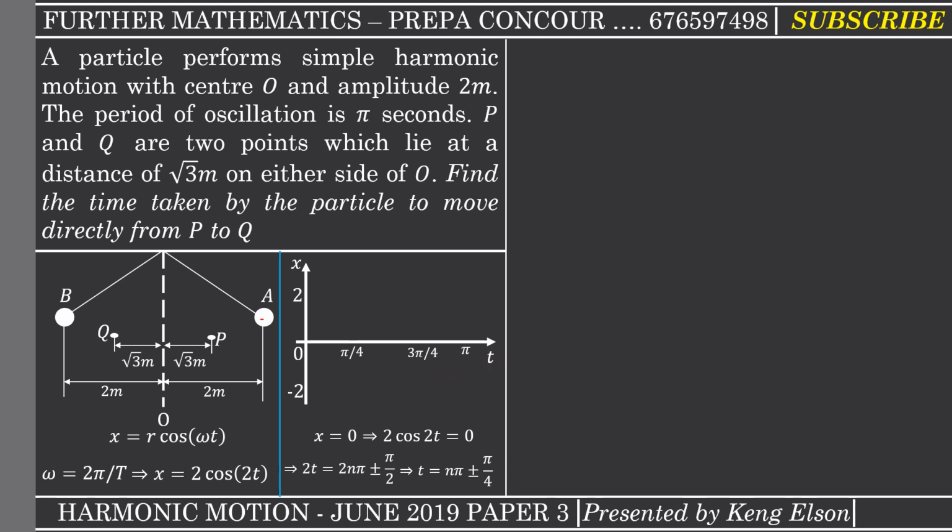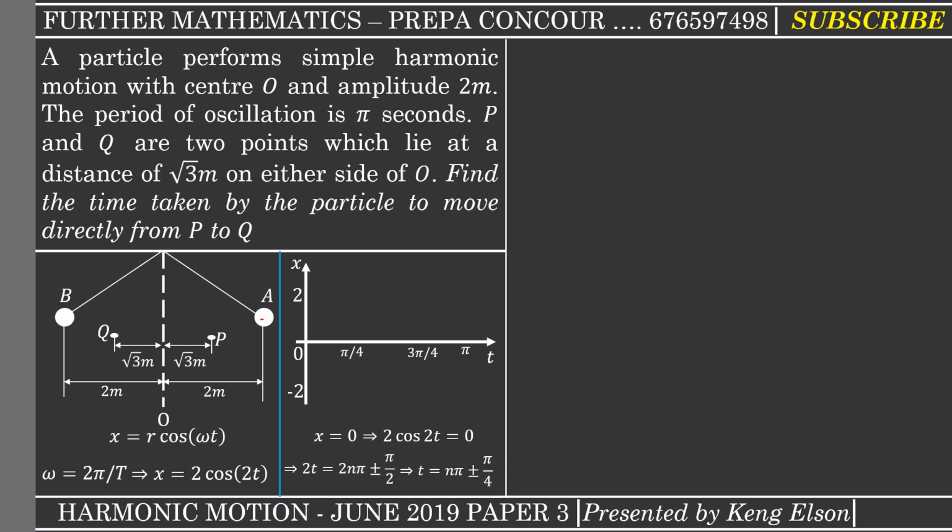So let us draw the graph. You move from the point A. Again, I'll explain. At the point A, the time is 0 and your displacement is 2 meters, and it is positive.